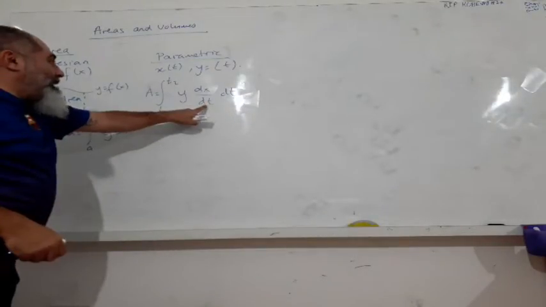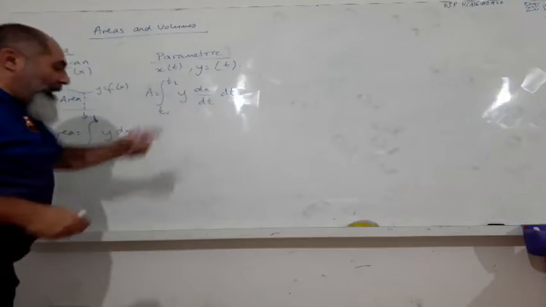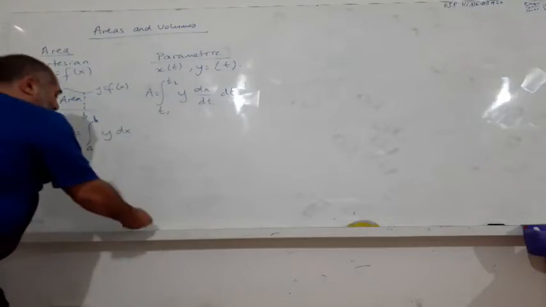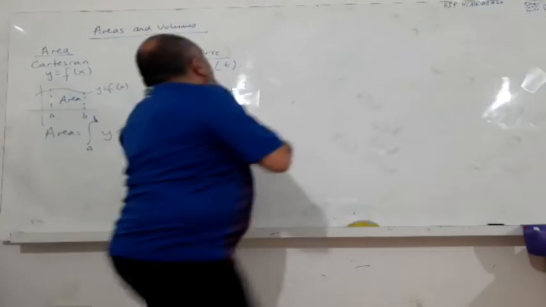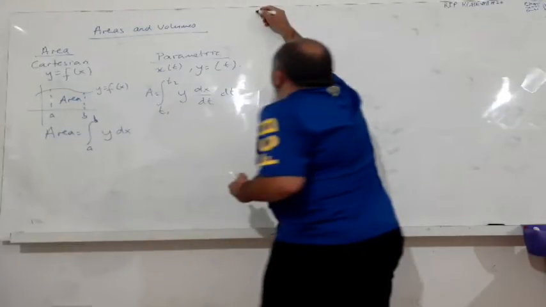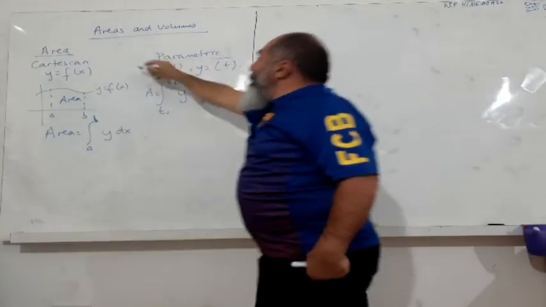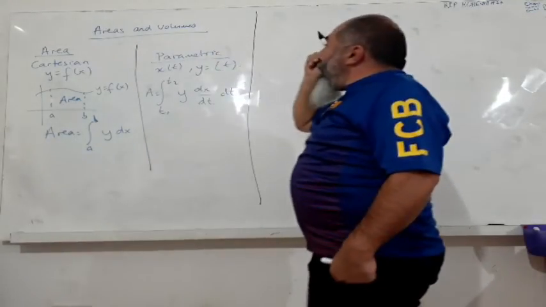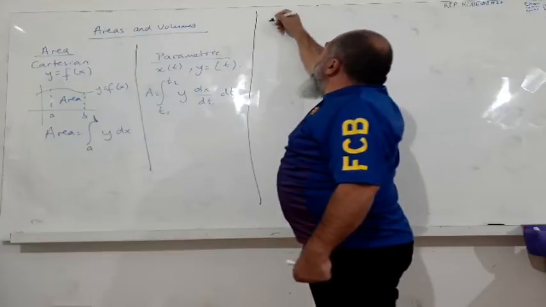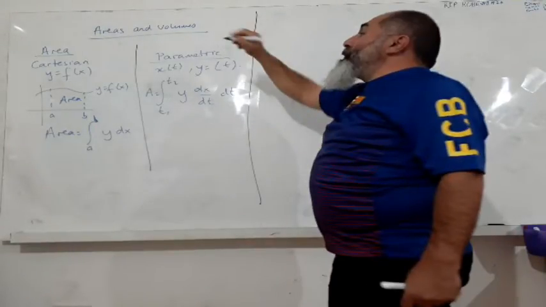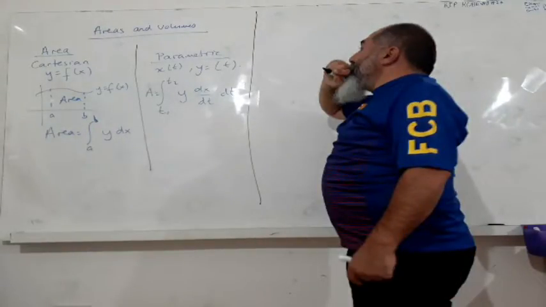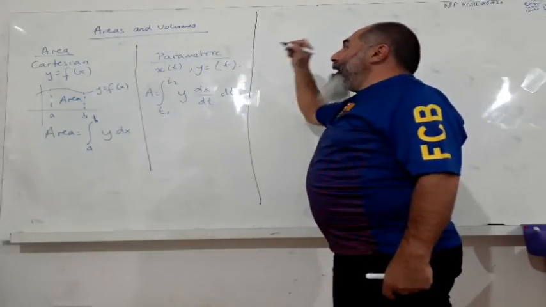Let's have two examples about area and learn how we are going to use integration to find area, both in Cartesian and in parametric equations.